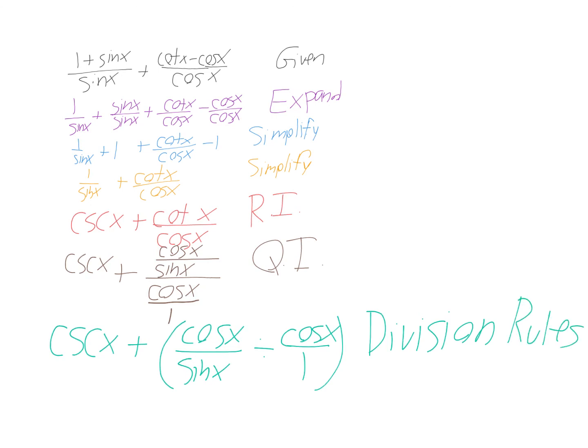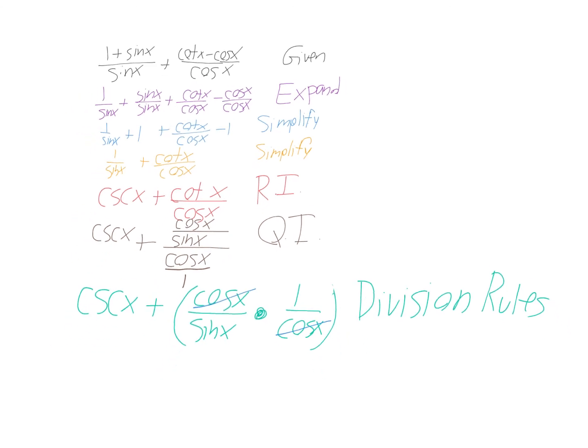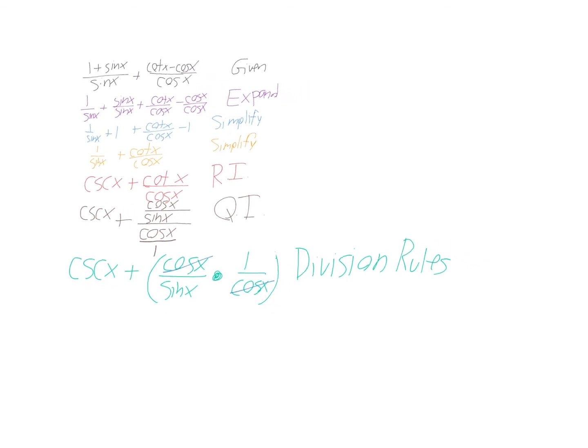Whenever we're dividing by fractions, we can multiply by the reciprocal of the second. So instead of dividing by cosine x over 1, I can instead multiply this by 1 over cosine x. This then allows me to cancel out my cosine x's and leaves me with 1 over sine x.